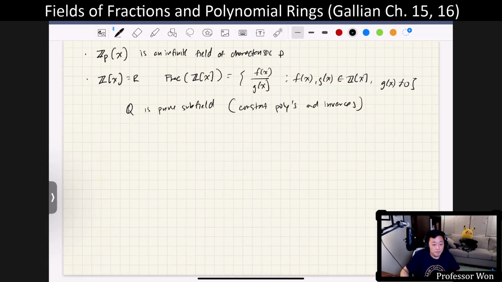Okay, so that's the field of fractions. If you're a graduate student in this class, I'm going to send you an extra thing to read on general localizations. Let me just say a word about that to all of you. Here what we did is we took an integral domain, we took all non-zero elements, and we gave them inverses, and we constructed this new field.